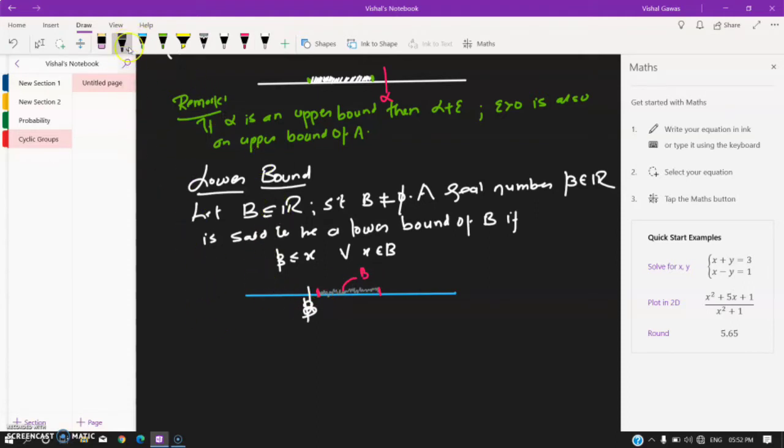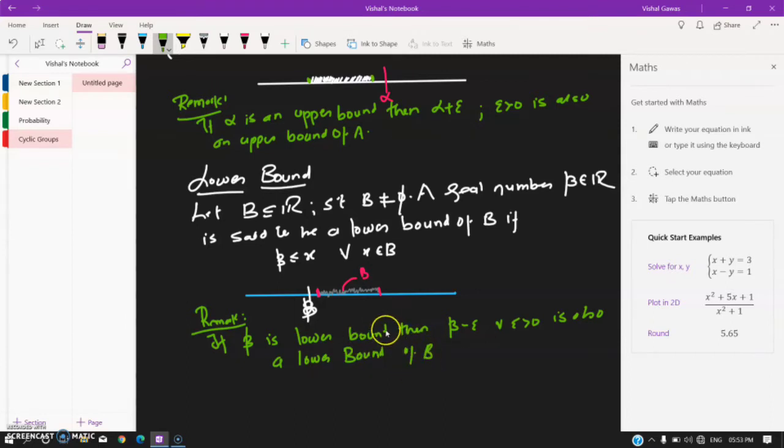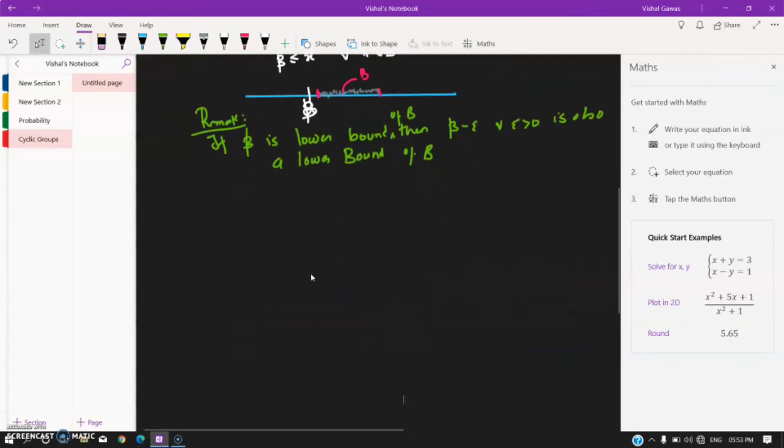So that's the idea. Let's write a remark again here: if beta is a lower bound, then beta minus epsilon, for all epsilon greater than 0, is also a lower bound of B. You just take any number smaller.